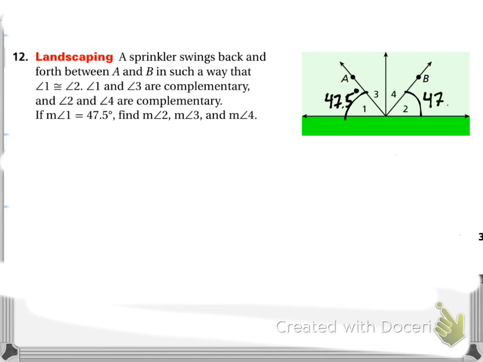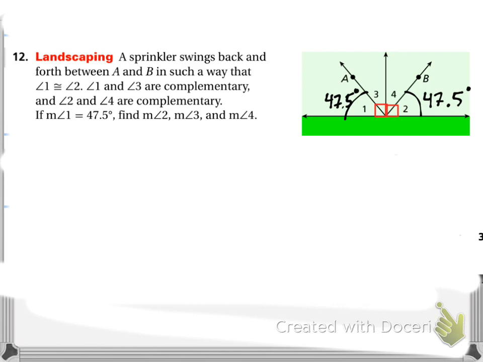Hey, we did that part already. We're done with that part. Now we know we have right angles. Let me use a red square for this. Got a right angle here and a right angle here. So those, right angles, are 90 degrees.